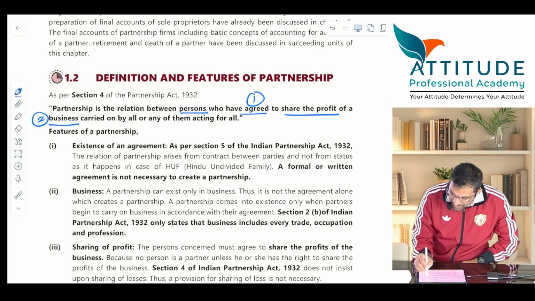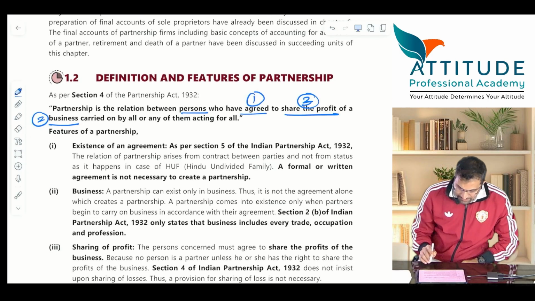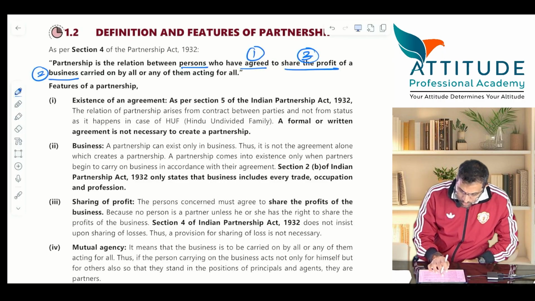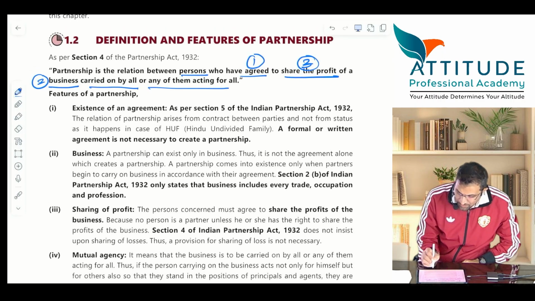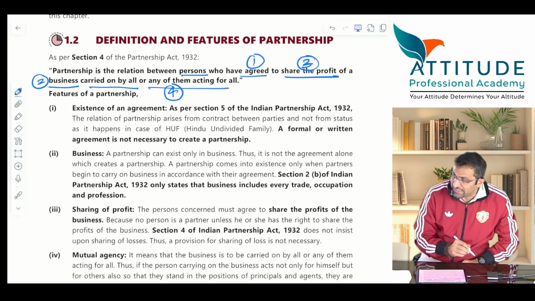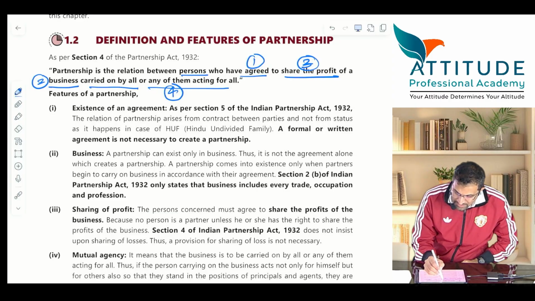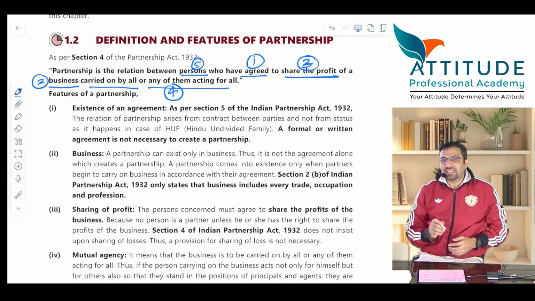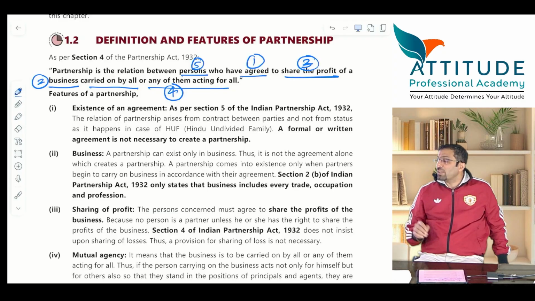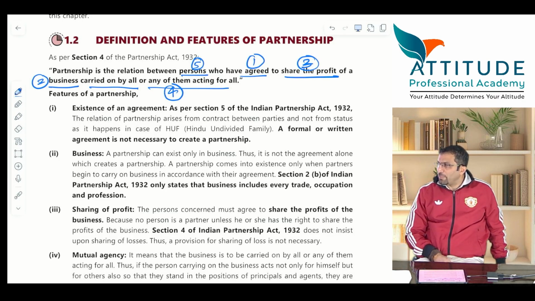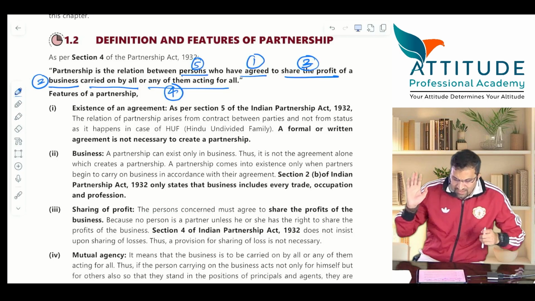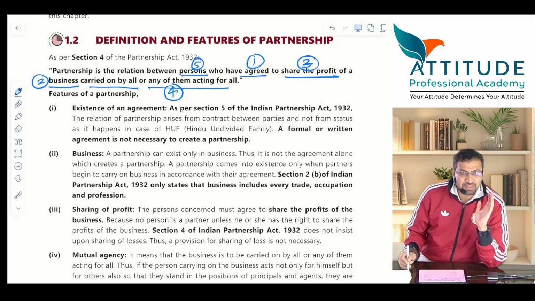Third one, there should be sharing of profits. Correct? Fourth one, carried on by all or any one of them acting for all, meaning mutual agency. And of course, there should be persons. Point number 5, one person cannot form a partnership firm. There should be more than one person if you want to form a partnership firm. Is that clear? These are the features of partnership. Is that clear, guys?